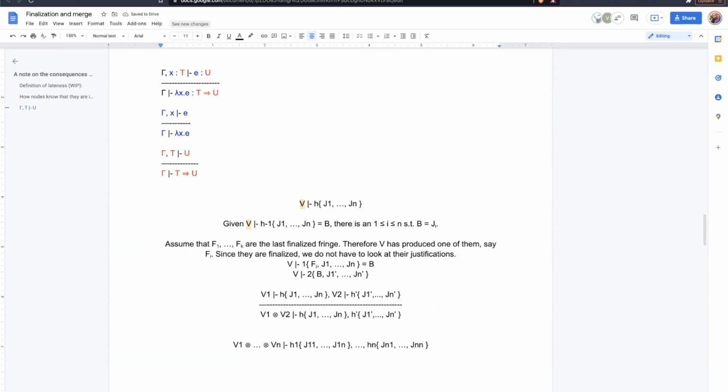When I use H here, previously you were using only 1 and 2, which are numbers, heights.